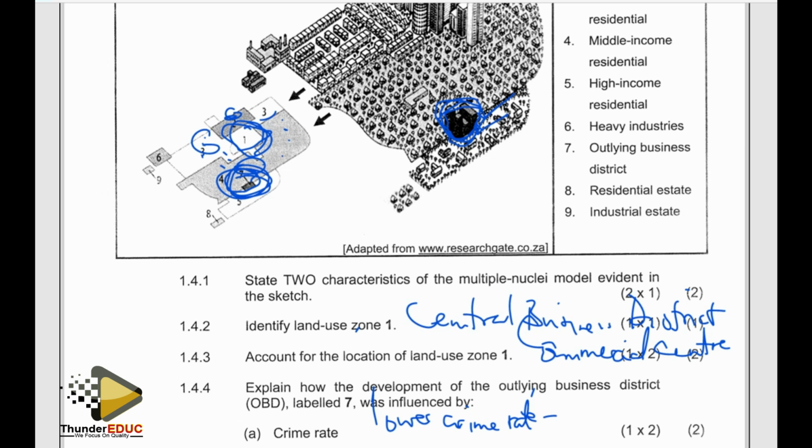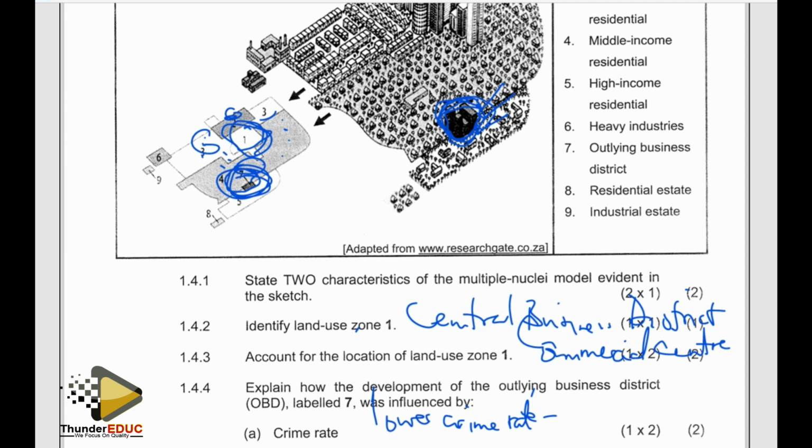Customers are much safer doing business here because there is less crime, which means it will attract more customers who fear for their valuables and don't want to go to the CBD where crime is rife. Also, from the cost to business, remember, if there is high crime, businesses are forced to incur high costs, for example insurance.